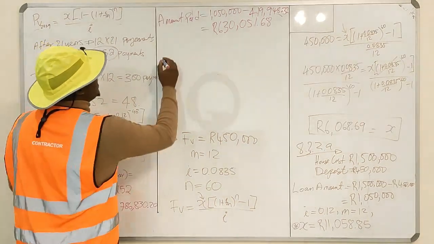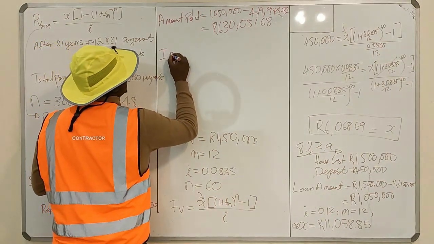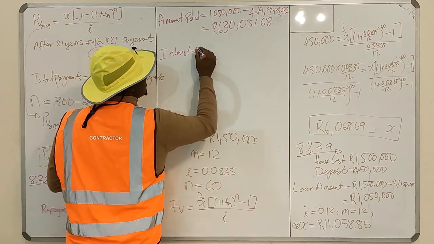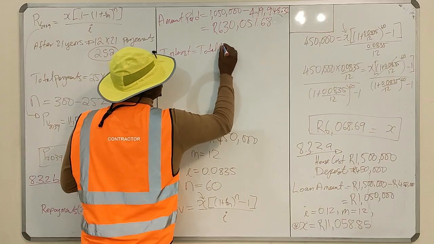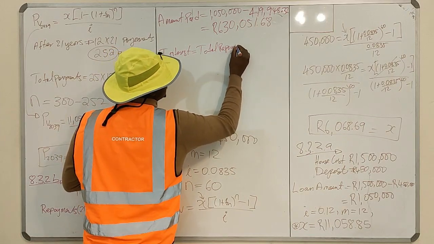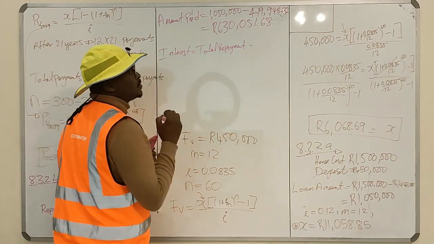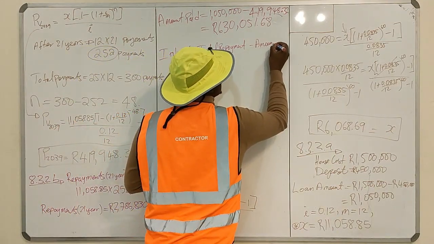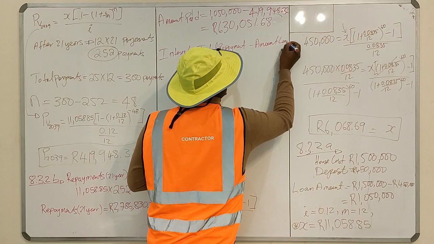So if you want to find the interest, it should be total repayments minus amount of loan paid.